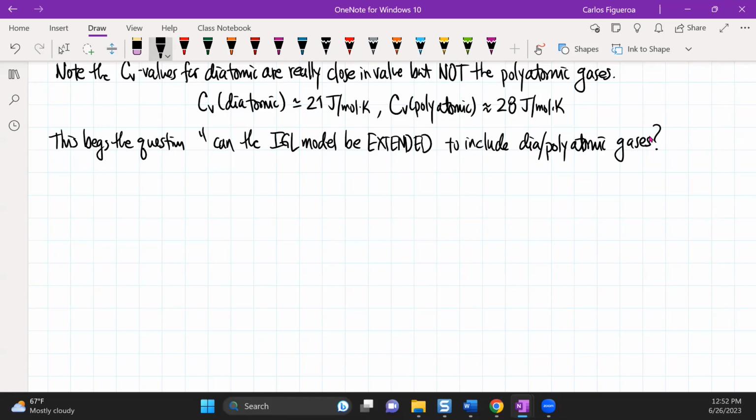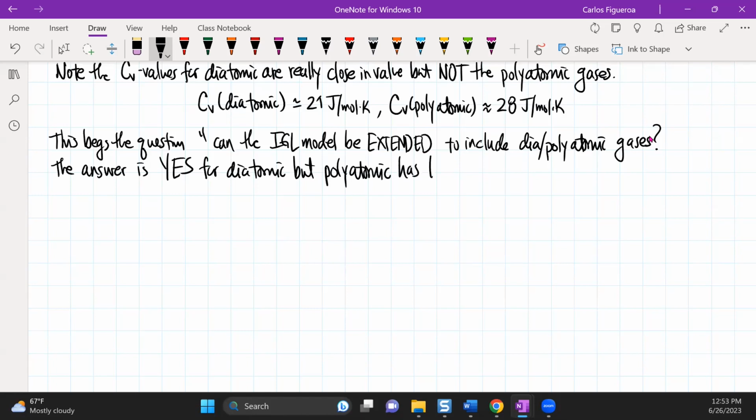And what you're going to see here is that the answer is a big yes for diatomic, but polyatomic has limited success. And there's a really good reason why.